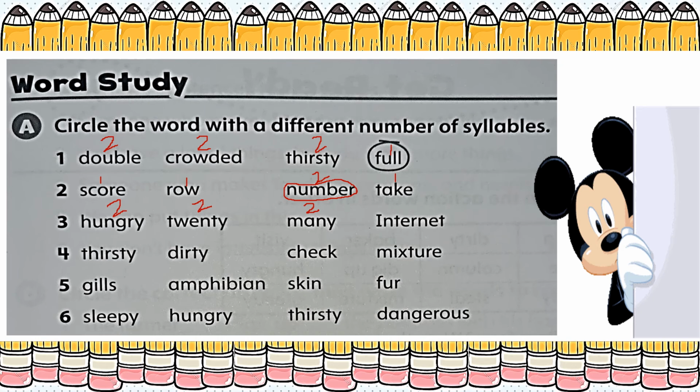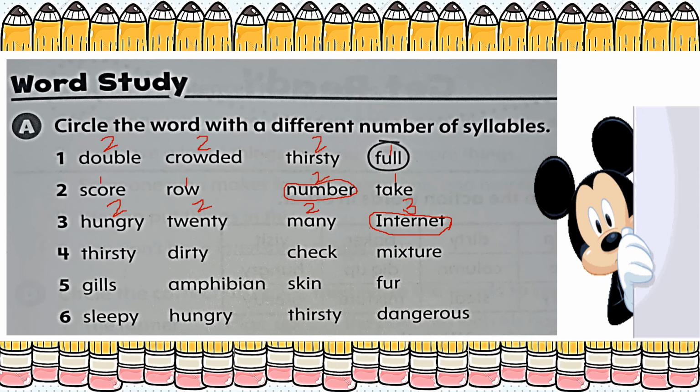How many syllables? Is it still 2? No. How many? 3. So, the word that we should encircle is the word internet. Very good.